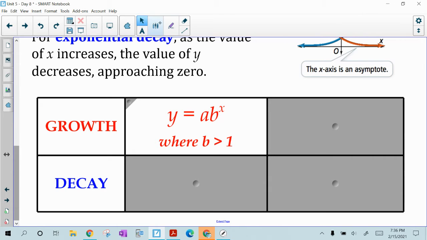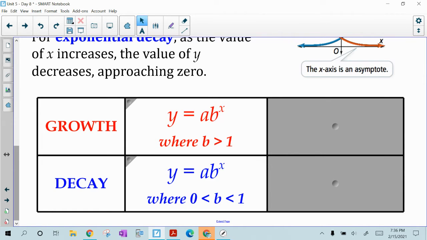You know it's going to be growth because b is going to be greater than 1. Greater than 1. Okay? And then when it's exponential decay, and this is the thing that's going to throw people a little bit, b is going to be in between 0 and 1. In between 0 and 1.